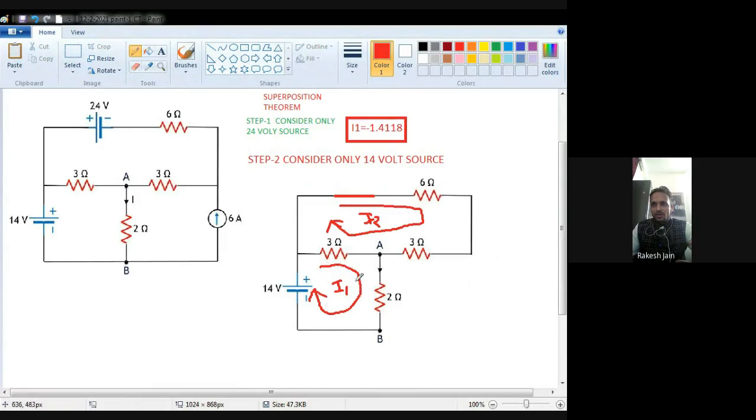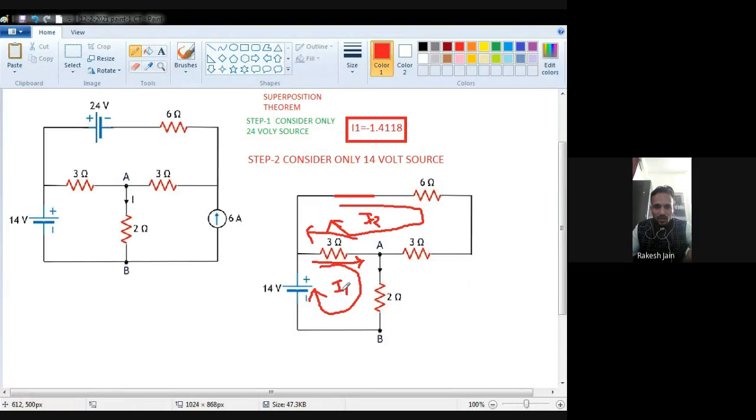That is, the current through this 2 ohm resistance, because this is step number 1, I consider it as I1. So I1 is equal to minus 1.4118. So this is the completion of step first only.